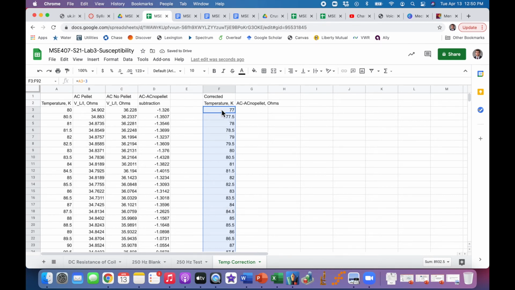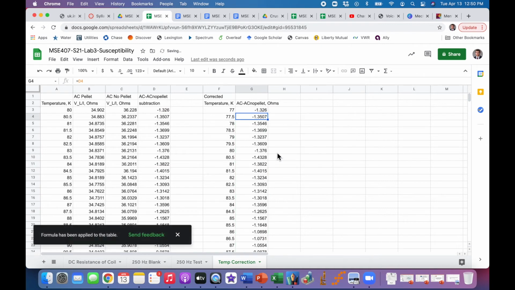So that's how we're going to approach this correction. That's an assumption that we're making, that we can shift it by 3 degrees. Everything else would be the same. This is just the difference between the measured and the real temperature. And we're still going to use the AC minus the AC with no pellet.